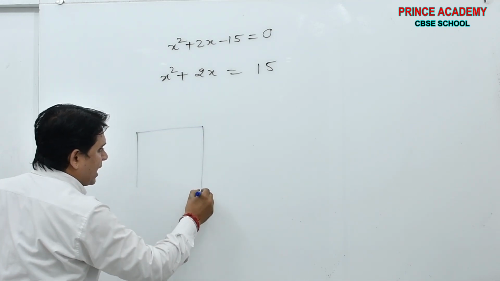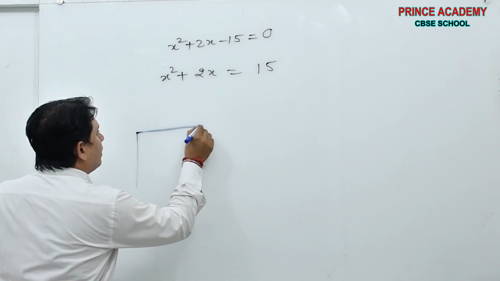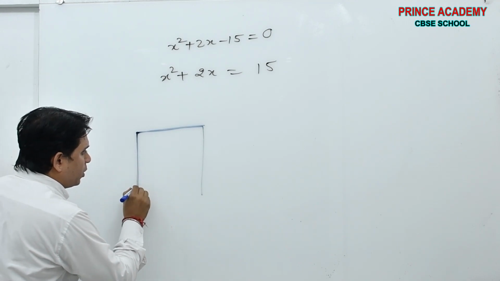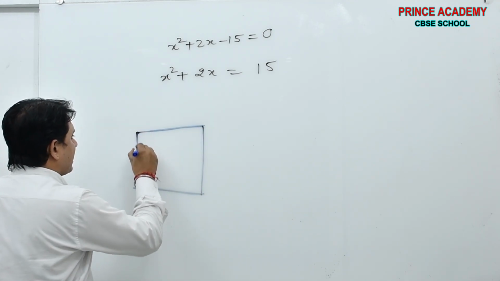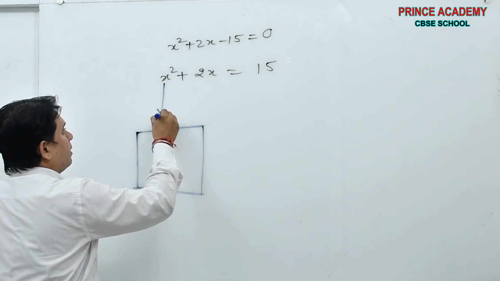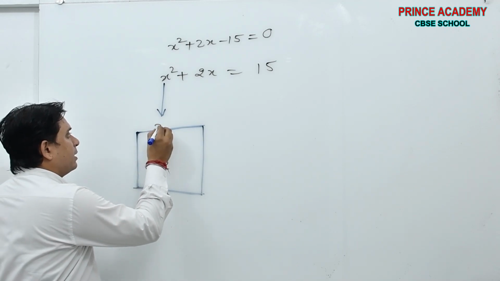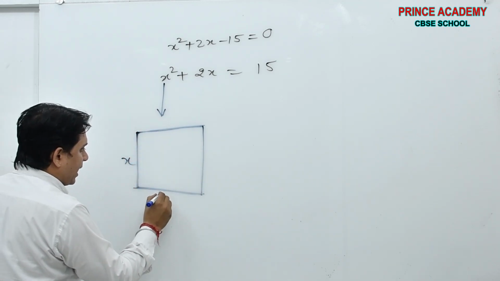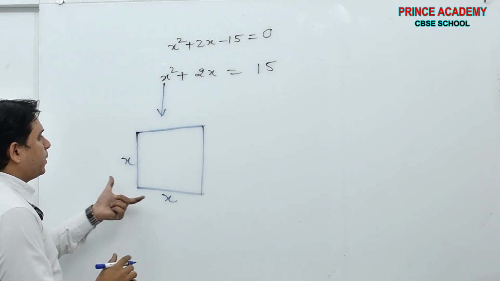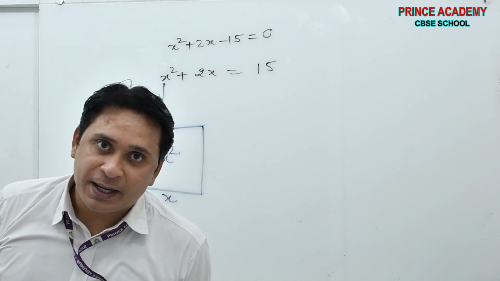See beta, am I right that suppose this portion x square is represented by this. This is the square whose sides are x. Therefore, this area will be x square. Yes or no? Done beta?